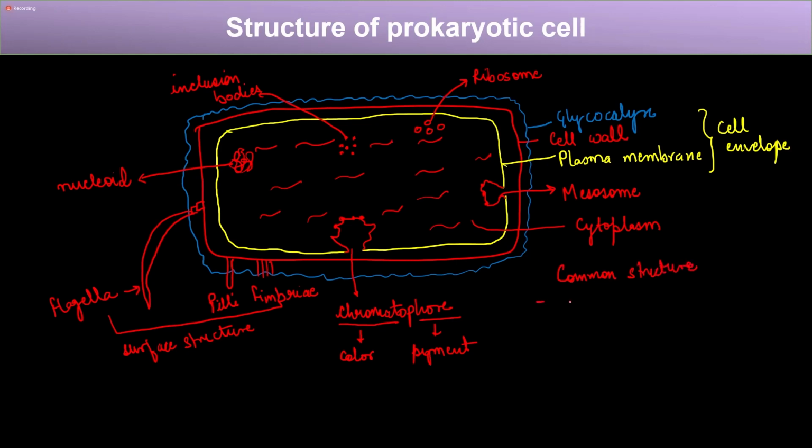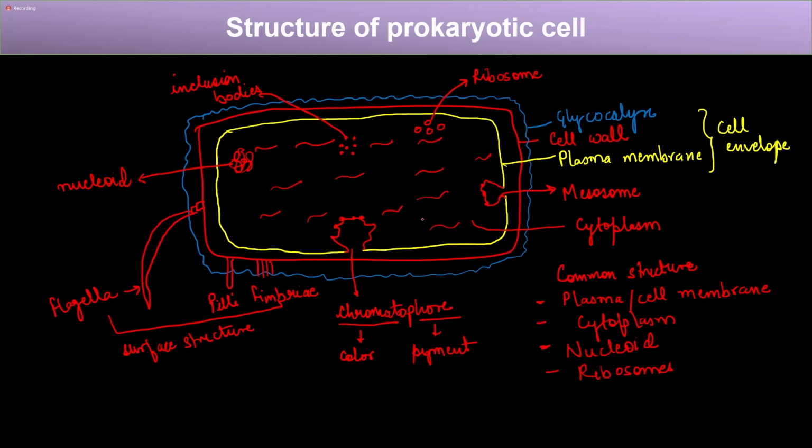The first one is the plasma membrane or cell membrane, that is the boundary. Second is the cytoplasm. The third is the genetic material, that is the nucleoid. And the fourth is ribosomes. So these are the four structures that are present in all prokaryotic cells, irrespective of type.